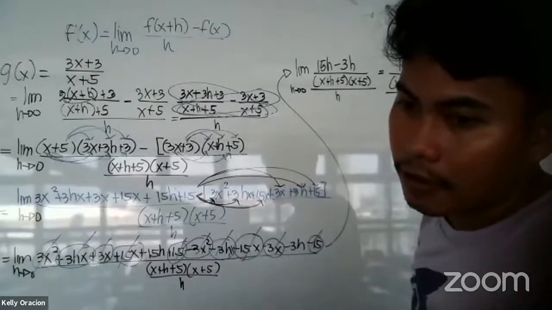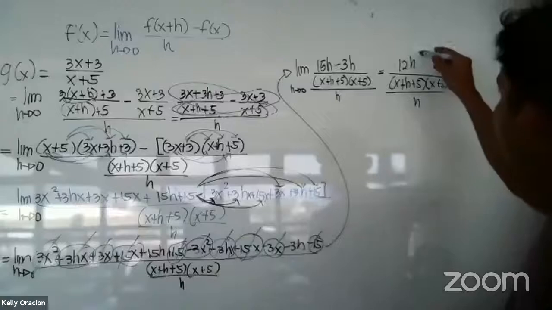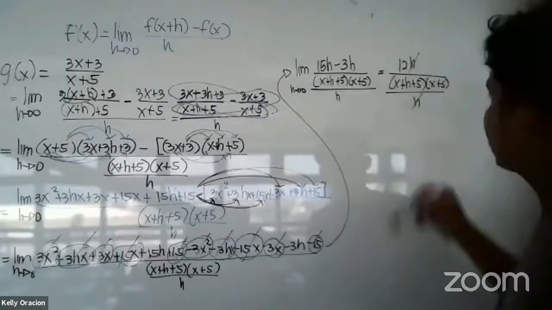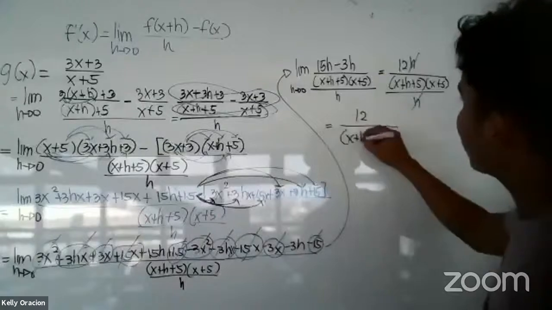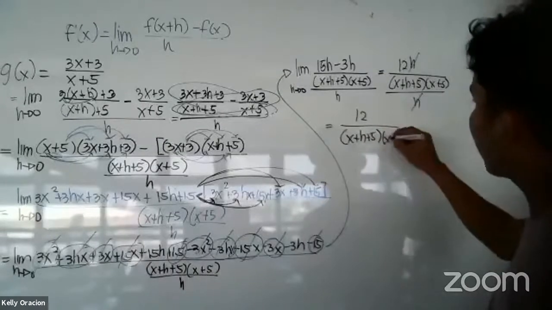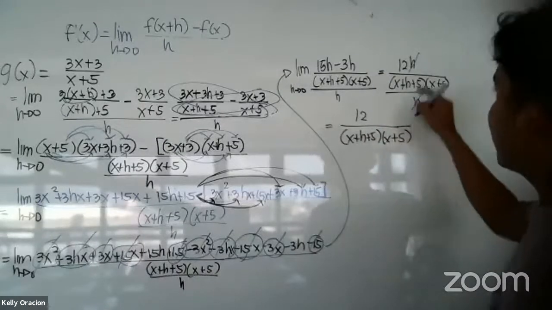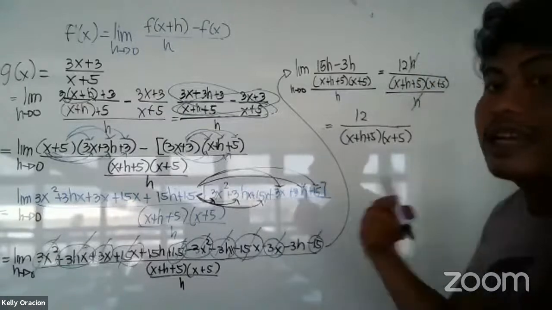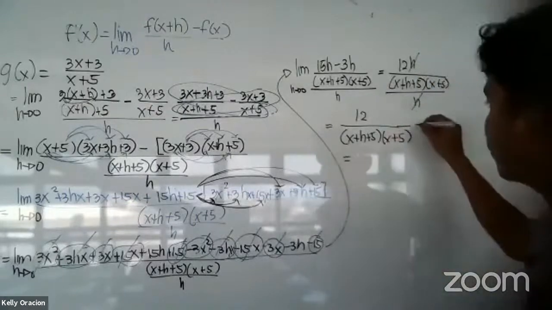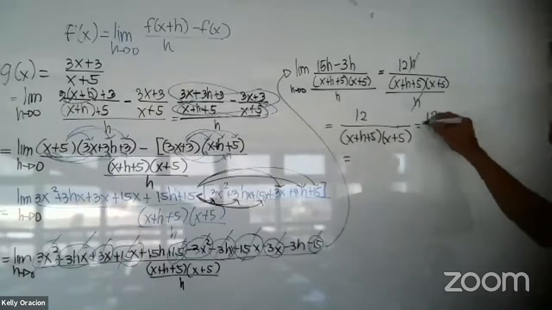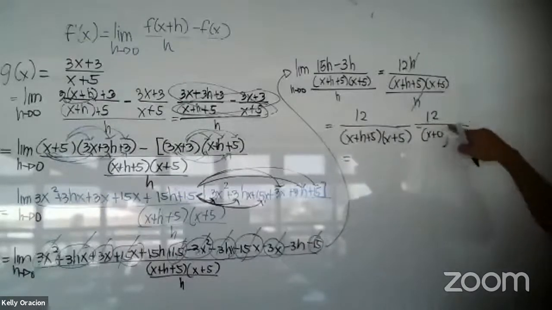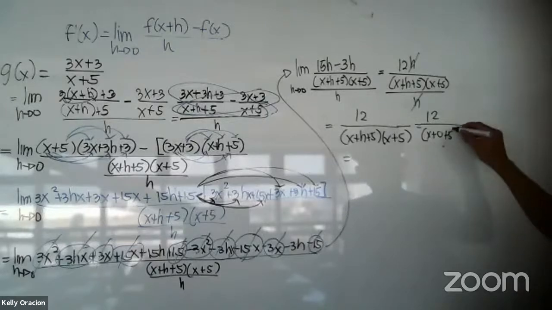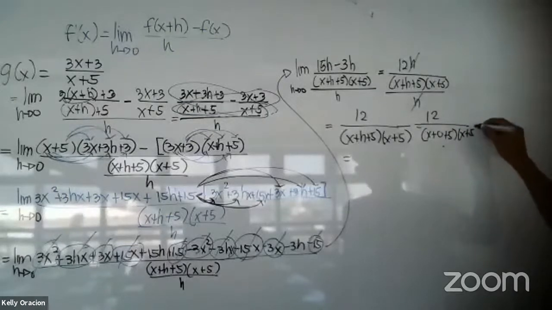And makancel, ang naiwan na lang is 12 over x plus h plus 5, x plus 5. Since na-cancel naman yung h, substitute the value of your h na 0. So 12 over x plus 0 plus 5, x plus 5.